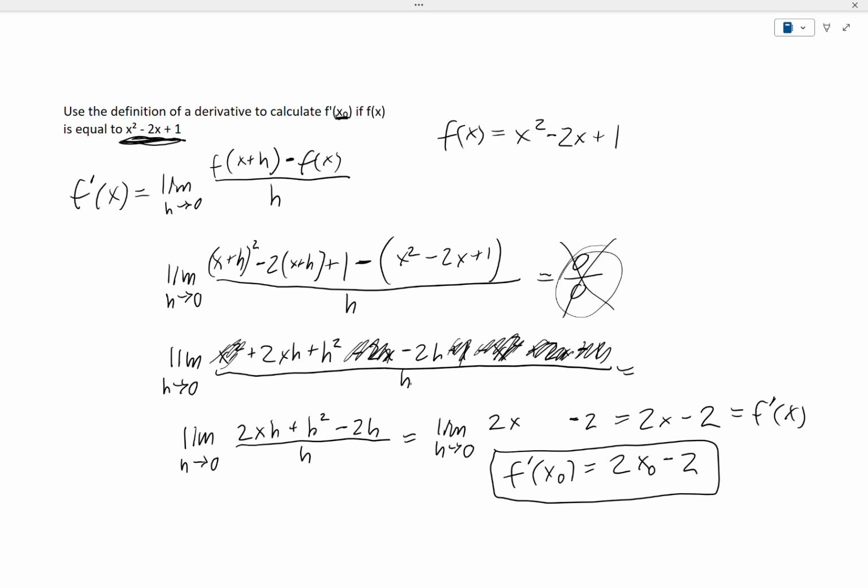It takes all the way up until then before I can divide by h on the top and bottom and cancel out that factor of h. And as soon as I do that, now that h is gone from the denominator, I can actually use direct substitution, and I end up getting a final result that is not 0 over 0. And that means that I did everything right as long as the algebra is correct.